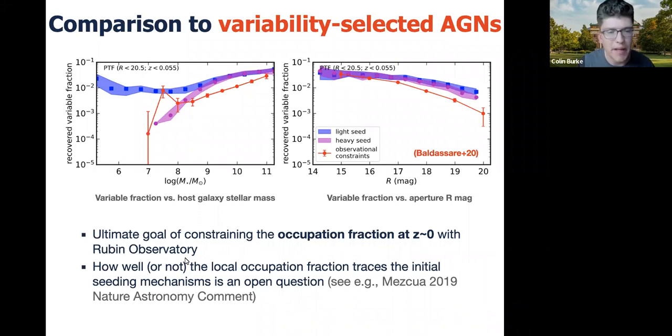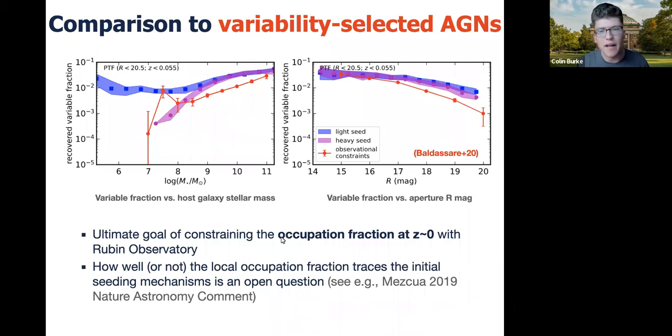But the ultimate hope is that we can use this model to constrain the occupation fraction or the black hole mass function in the dwarf galaxy regime with future surveys like Rubin Observatory. And so we're currently working through another set of simulations with Rubin Observatory like parameters to try to predict what the prospects are for doing this with Rubin.